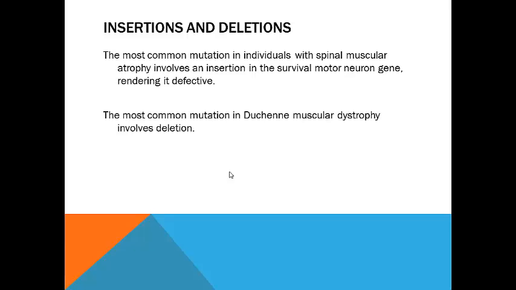Additions or subtractions, or insertions and deletions, may also lead to a frame shift in which the 3 base pair reading frame is shifted. All subsequent triplets are misread, often leading to the production of a stop codon and non-functional protein. An example of this mutation can be seen in Tay-Sachs disease.